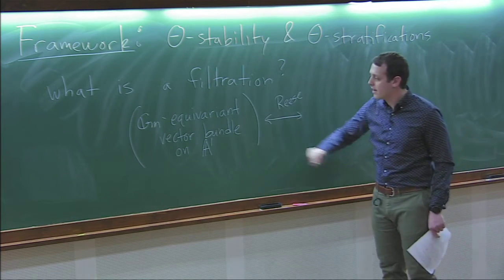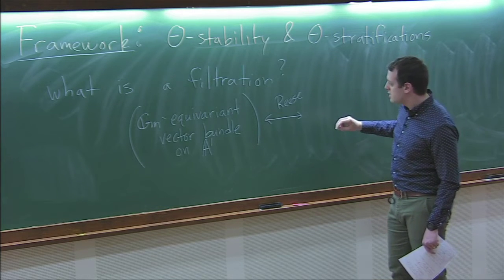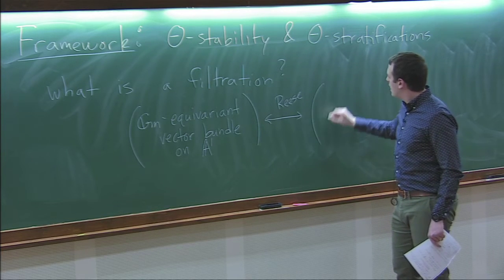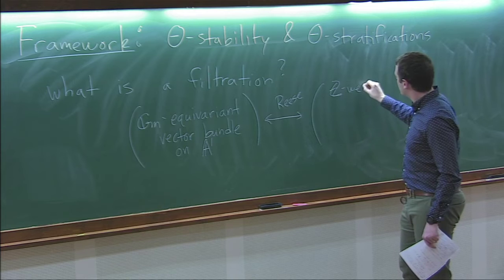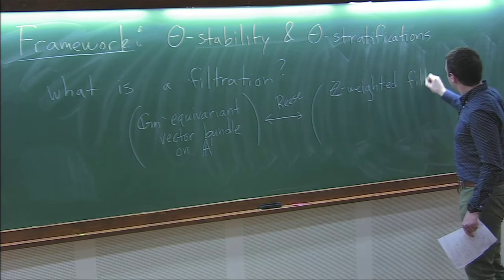So a G_m-equivariant vector bundle on A^1 is the same thing as a Z-weighted filtered vector space.